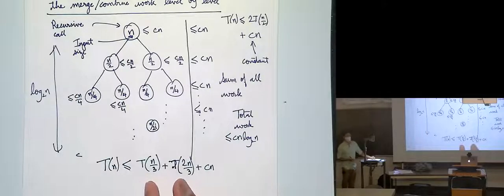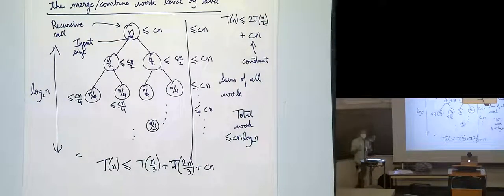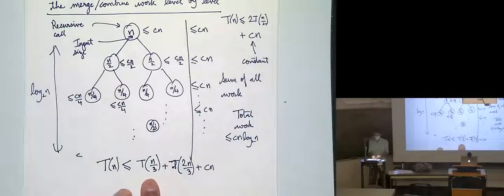Any kind of split by a constant, n over 4, 3n over 4, will also end up giving you n log n. The issue is that sometimes the master theorem gives you bounds of this kind, depending on which version. What if it was something else entirely? What do you do then?